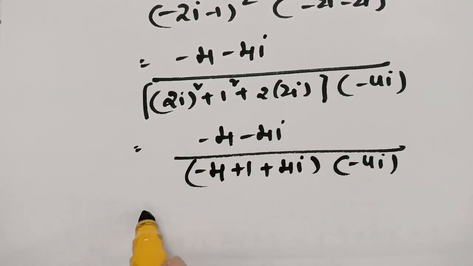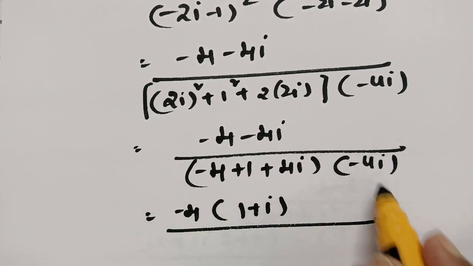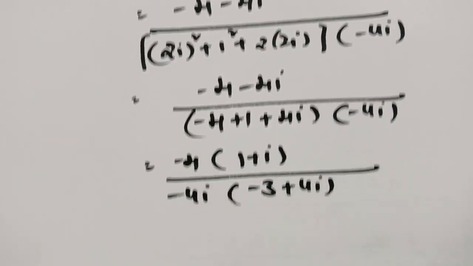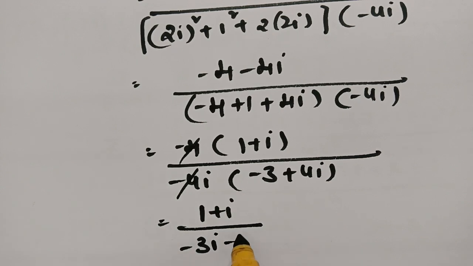If I take minus 4 common from this, this will be 1 plus i. So here this is minus 4i, and this is minus 3 plus 4i. Clear? So if I cancel this minus 4i and send i inside, this will be 1 plus i by minus 3i. This is i squared minus 1.